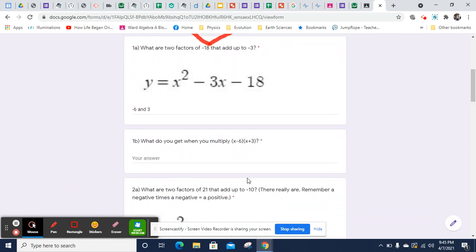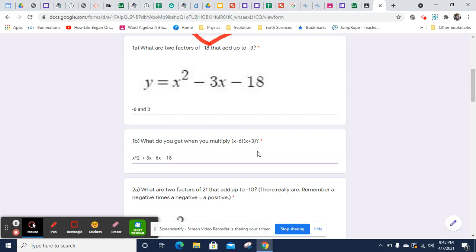Okay, so what happens if I multiply x minus 6 times x plus 3? Well, my first part is going to be the x times x, so that'll be an x squared. My last is negative 6 times 3, so that's going to be a negative 18. And in the middle, I'm going to have x times 3, which is plus 3x, and negative 6 times x, which will be negative 6x.